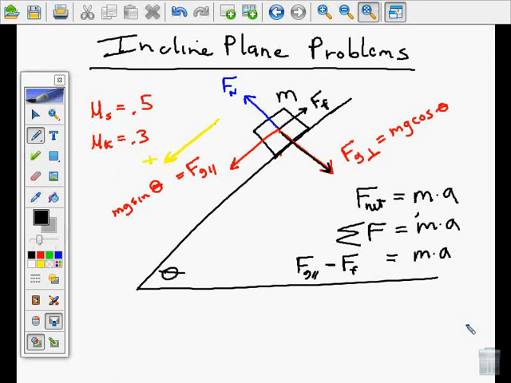And then for Fg parallel, you can make the substitution mg sine theta. And for the force of friction, you can make the substitution mu times the normal force.